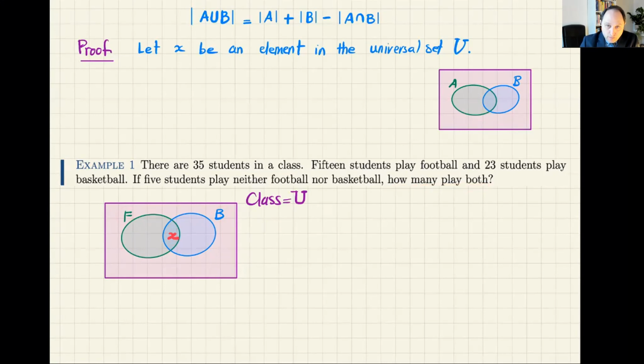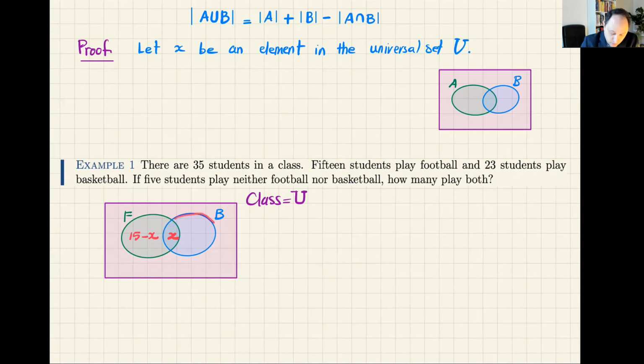But I know that 15 students play football. So 15 students should be in this green part. But already I took X of it here. So what is left for me is 15 minus X, which I write here. And then if I continue to read, 23 students play basketball.